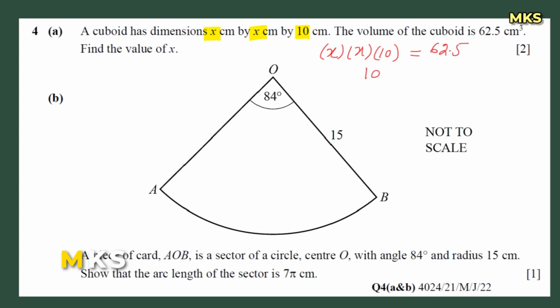So 10x square will be equal to 62.5. x square will be equal to 62.5 over 10, which makes 6.25.